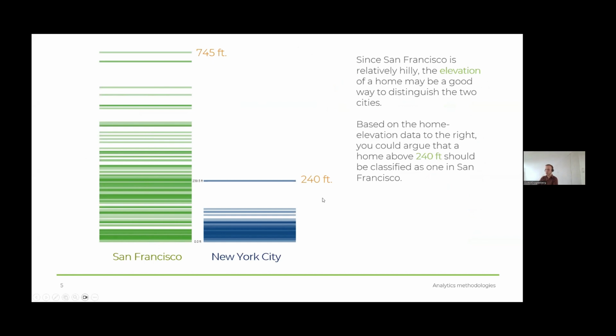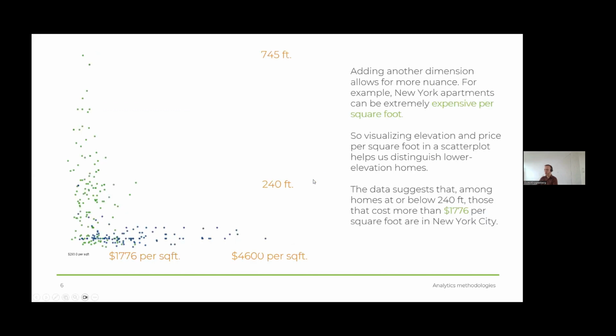What you notice is that there are no New York houses above 240 feet. So that might be one of the first splits you could do: whenever a house is above 240 feet, go to the right, and if it's below 240 feet, go to the left. If you're on the right, we know it's San Francisco, and for now on the left we say it's a New York City house, but maybe we want to refine that in the end. So the first split would be on 240 feet.